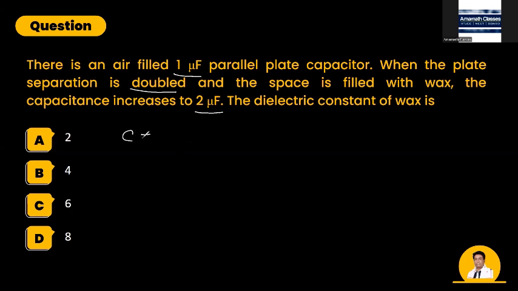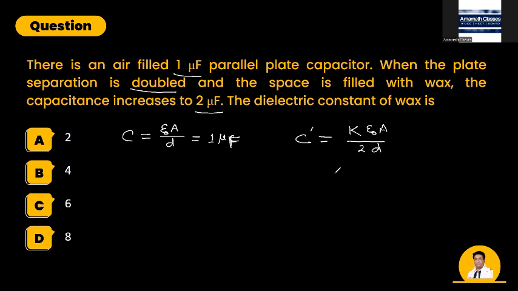So initially C equal to epsilon naught A by D, which is equal to 1 microfarad, okay? Now in the next case, C dash equal to K times epsilon naught A, and separation is doubled, so it will be 2 times D.